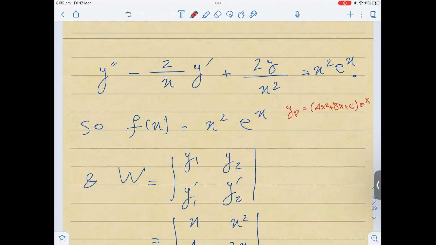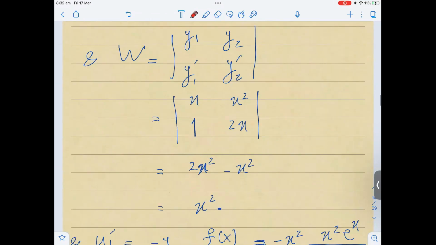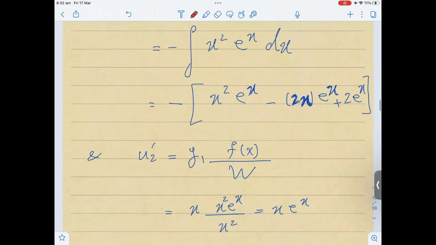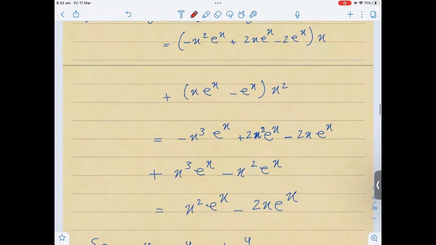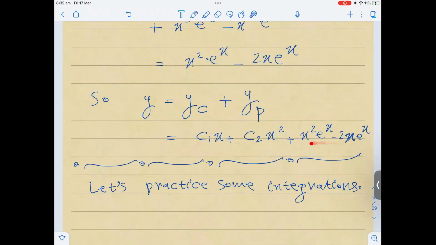And the mission was finding a, b, c. Now, you see this guy here: a is 1, b is minus 2, and c is 0. If I were using that method, I would get this one.